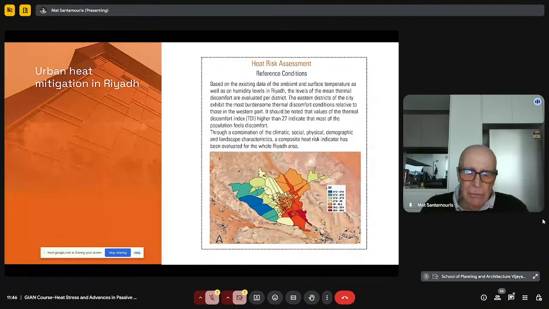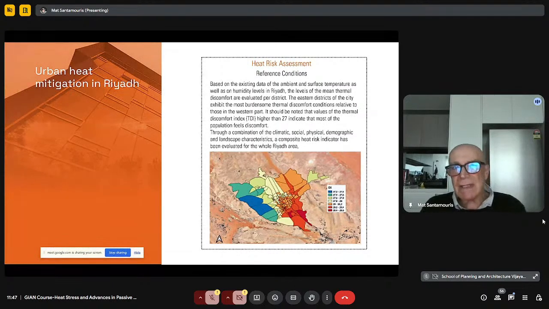So we had a very good understanding of the reasons behind the overheating and the characteristics of the city. But when all this information is collected, and before proceeding to the design of the mitigation technologies and also the assessment of the mitigation technologies, it is extremely important to perform another study, an assessment of the heat risk.